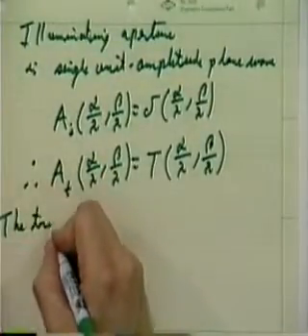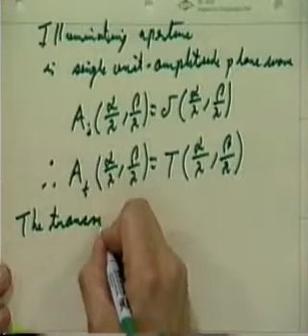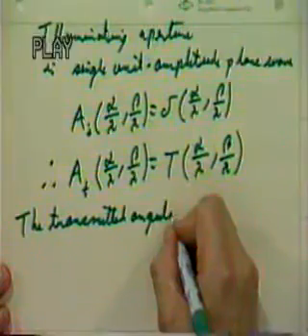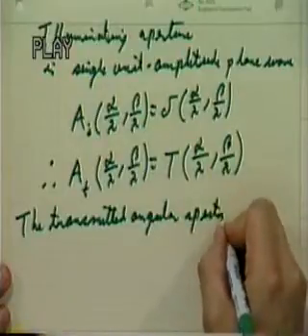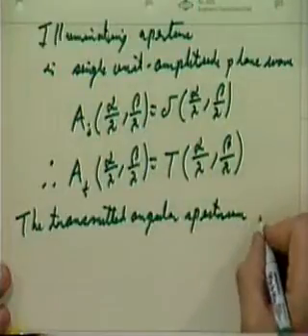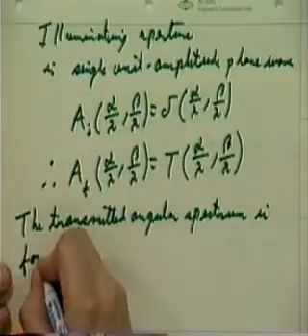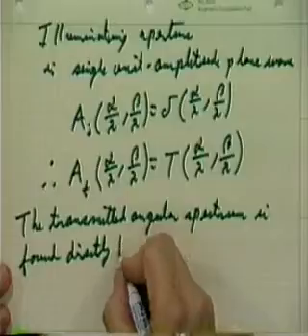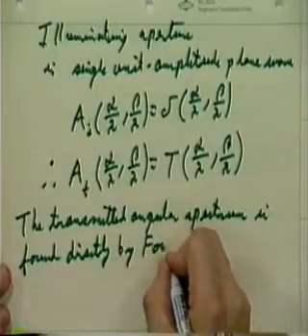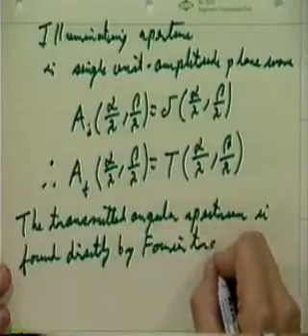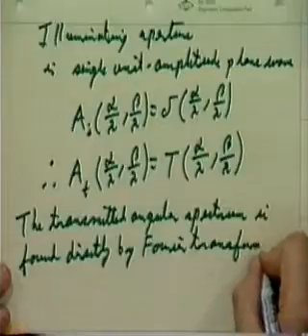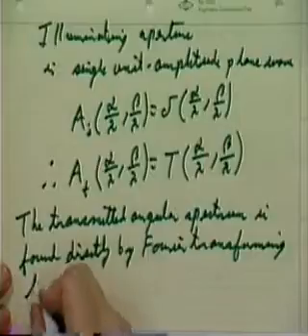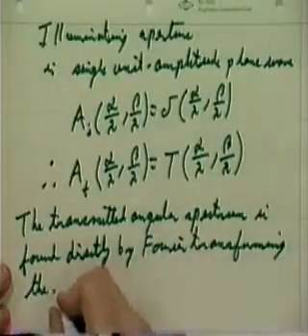The transmitted angular spectrum is found directly by Fourier transforming the transmittance function of the aperture.